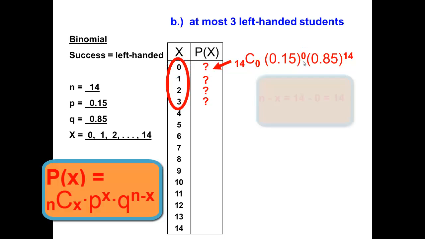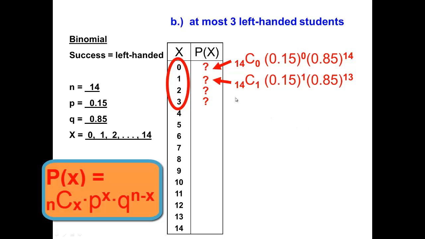Then 14 minus 0, we have 0 successes. That then means we have 14 failures. Place that in your calculator. We're going to give you the 4 formulas first, and then we'll get the numbers.